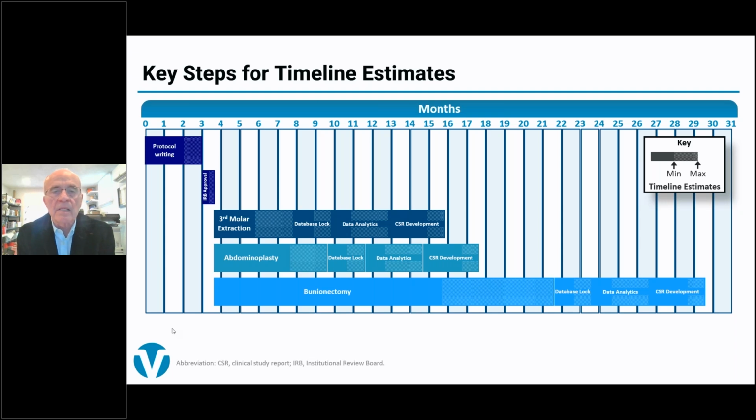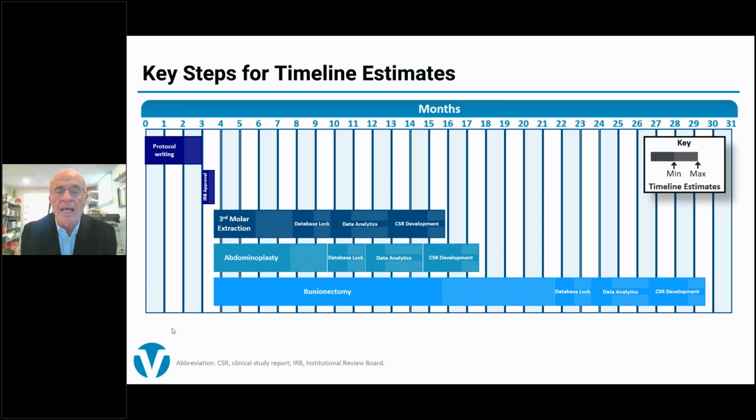The abdominoplasty is a little bit longer to do all of those, and you can see the minimum, maximum, or the range, and there's really no minimum or maximum here, but this is the general range. And the bunionectomy is a lot longer to complete. That's going to take over 2 years if you're at the beginning, protocol writing to completion, depending upon whether this is a proof of concept or if it's a pivotal phase 3 study and you're using 300 patients or 400 patients in 6 sites or something.